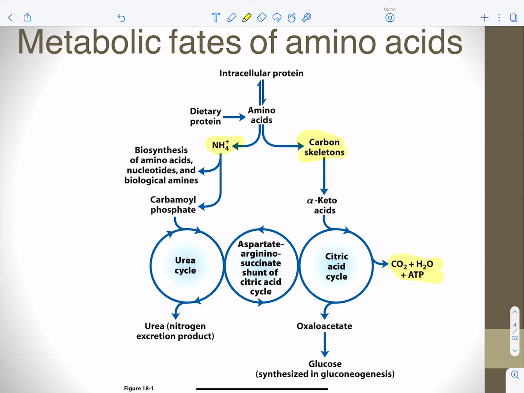We can also use free nitrogen to make amino acids, nucleotides, etc. We have a cycle in between that connects your citric acid TCA cycle to your urea cycle, and this is a shunt. This is an aspartate-argininosuccinate shunt, and it will feed back and forth between the citric acid cycle and the urea cycle. And then, of course, we can also take carbon skeletons from our proteins, and we can generate glucose through gluconeogenesis.